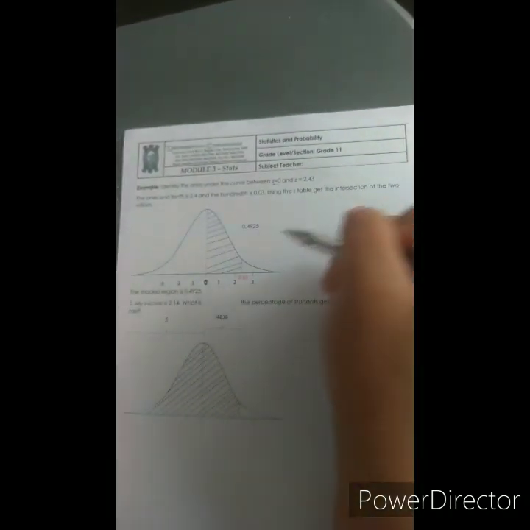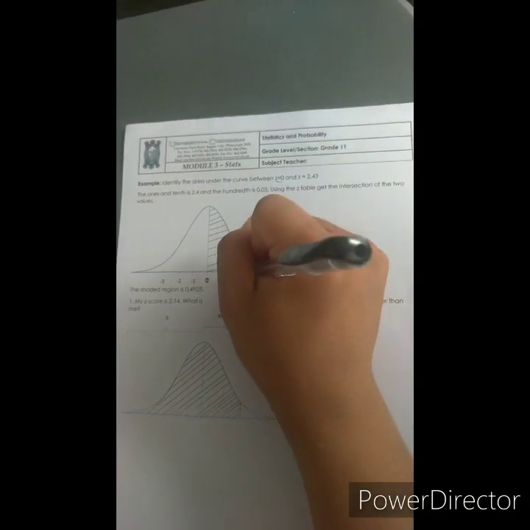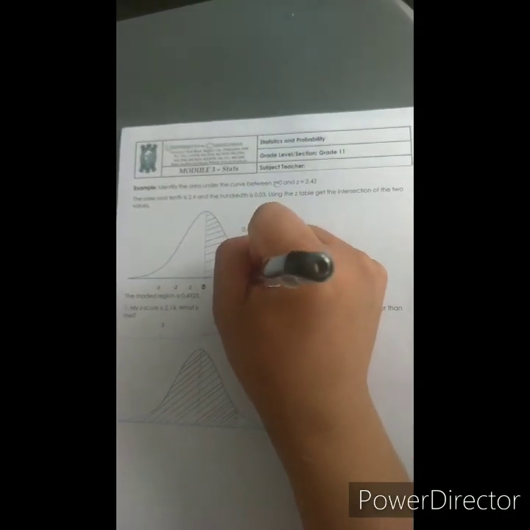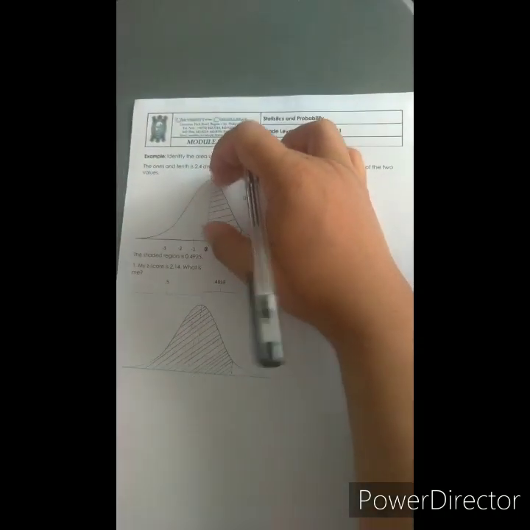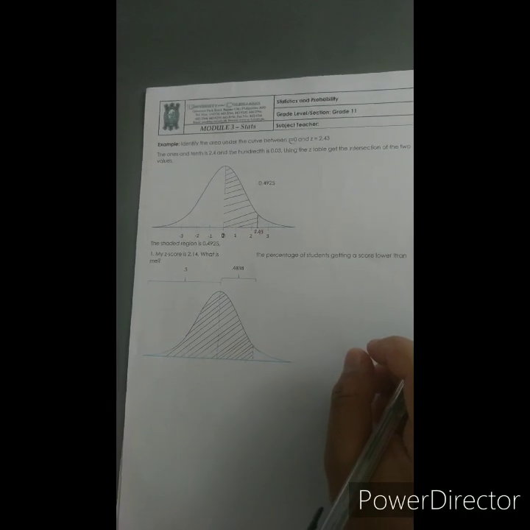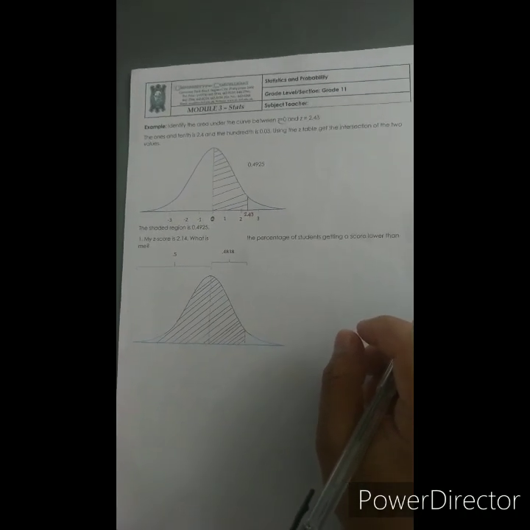Now, let's identify the area from 0 to 2.43. So, ito si 2.43. So, hanggang dito. Gano'n nga ba kalaki itong area na to? How do we solve that? Paano natin malalaman yung area na yon?